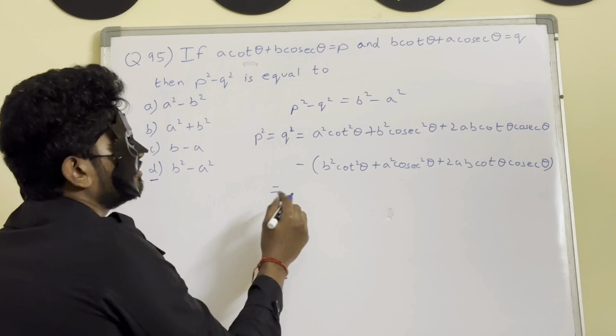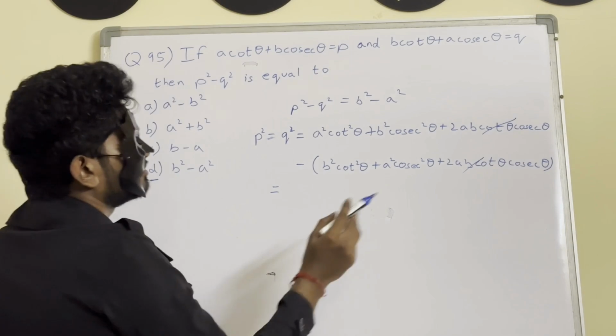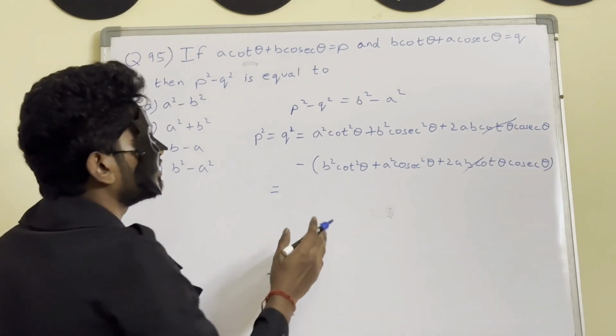Now these two will get cancelled, 2AB cot theta cosecant theta minus 2AB cot theta cosecant theta.